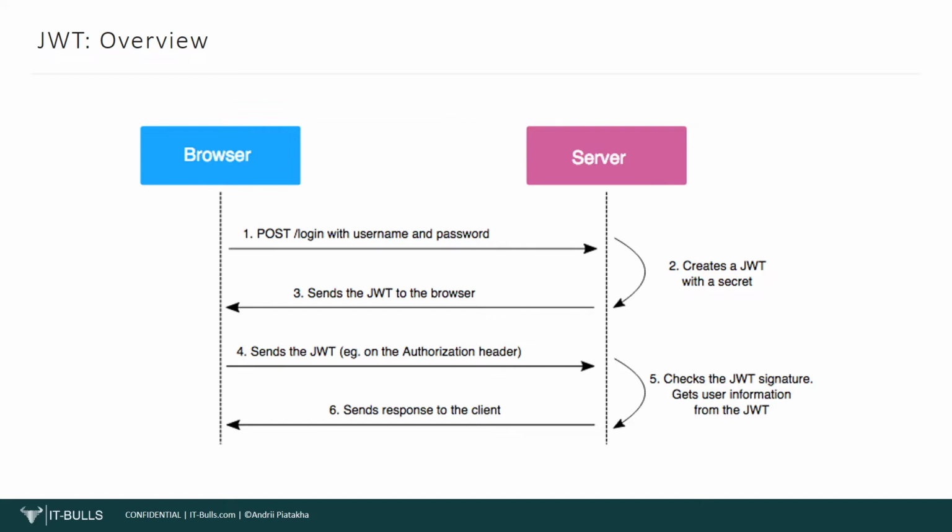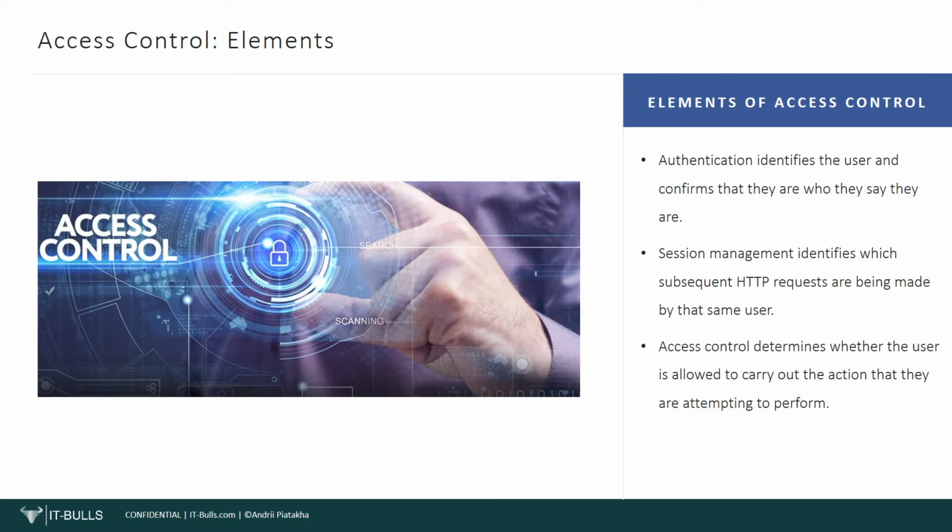the token's legitimacy. So, to summarize the definition of access control, we can say that access control is the implementation of constraints that control who can perform actions, and which actions in particular can be performed, or access resources that they have requested. In the context of web applications, access control is dependent on authentication and session management.